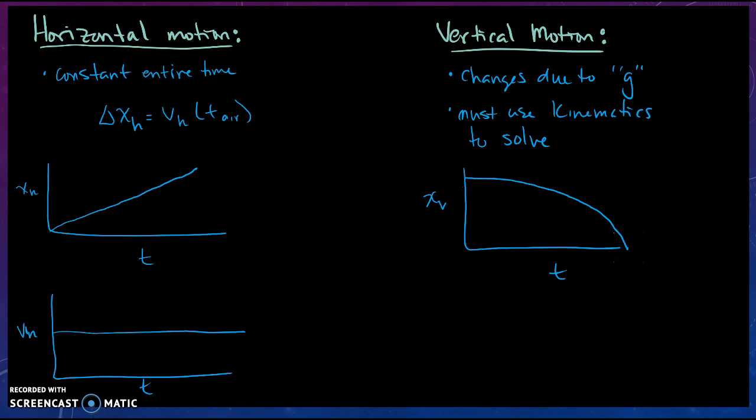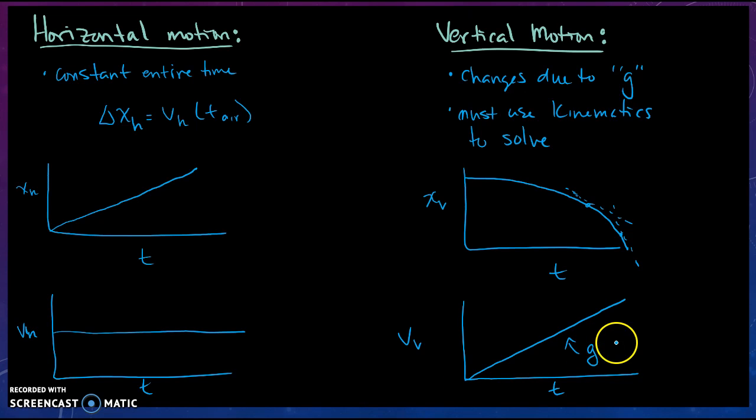It would curve down. This instantaneous velocity would become greater and greater over time. Okay, so kind of showing you what the slopes of the tangent lines are there. And then if I were to plot the vertical velocity versus time, it's going to start off at 0, and it's going to be a nice straight line, and this slope is g. Okay, this slope is the acceleration due to gravity g.